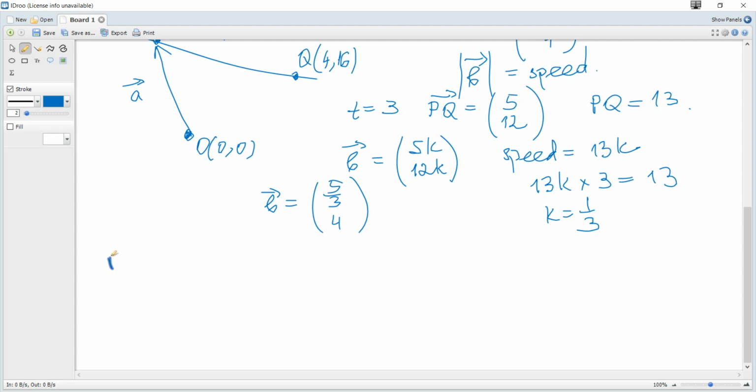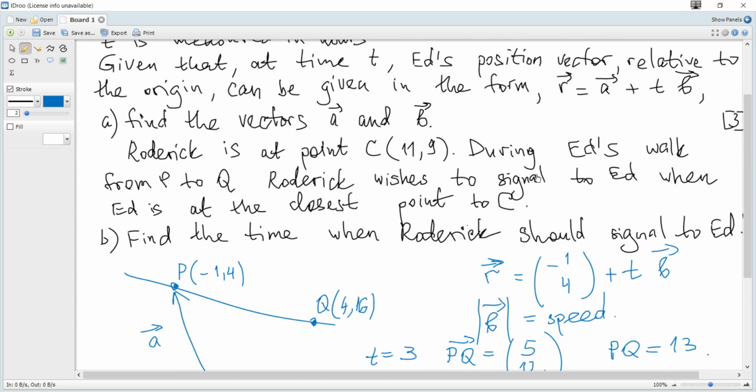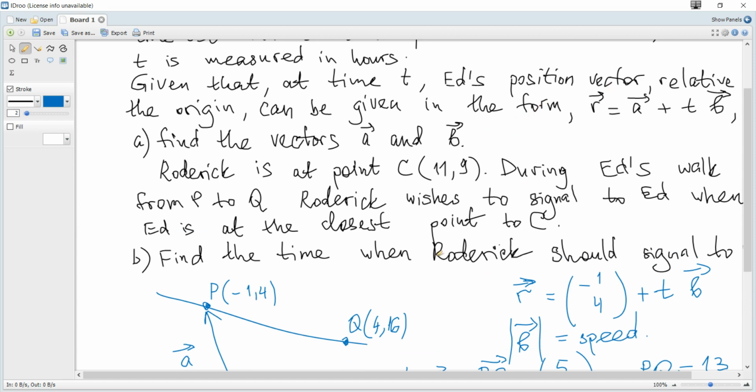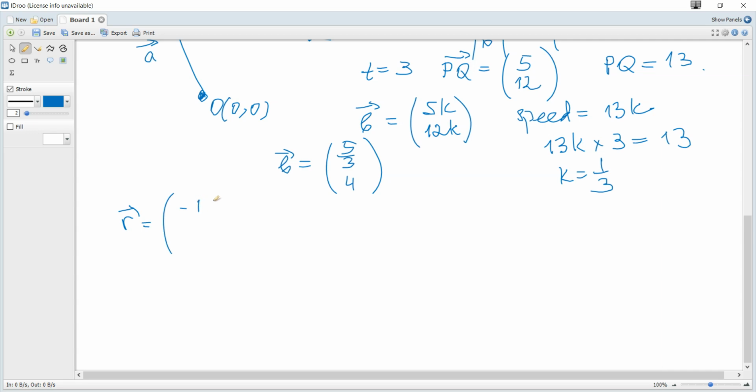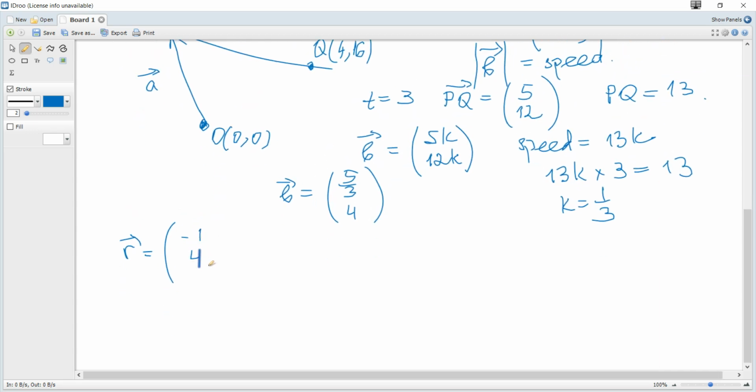Hence, position vector of any point, or actually it means here add's position vector relative to the origin, becomes -1, 4 plus t times 5/3, 4. Notice that if we consider an equation of a line in general, we can take any multiple of this vector to be the direction vector.